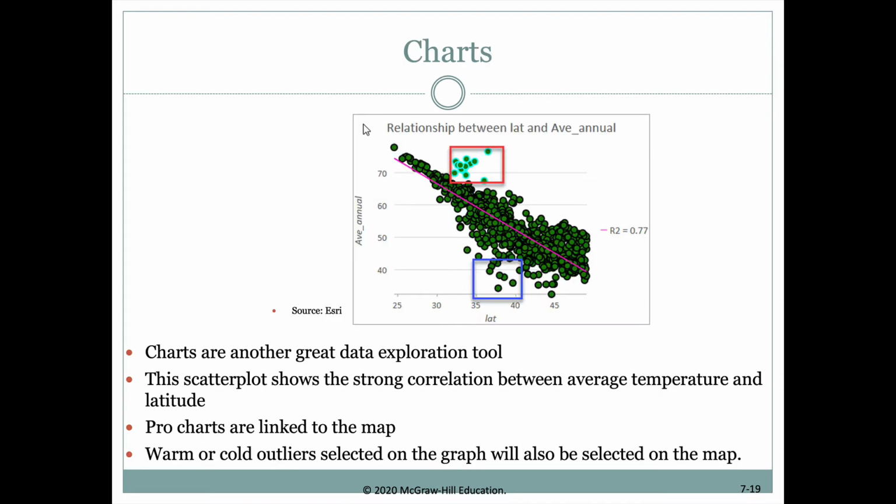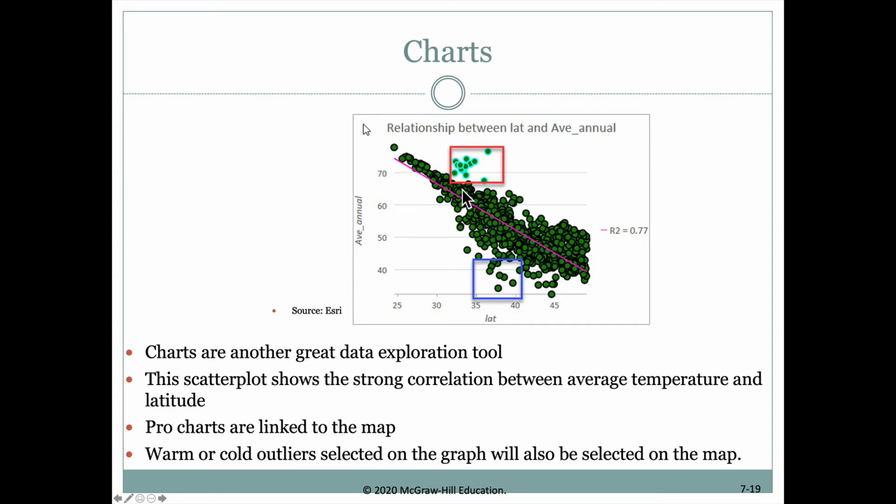Another way that we can do this is by looking at our summary statistics. We can make a chart, and if we expect to see a relationship in a chart, we can hopefully see that relationship, and then we can also see where we're getting data points or locations that are away from what we would expect to see.